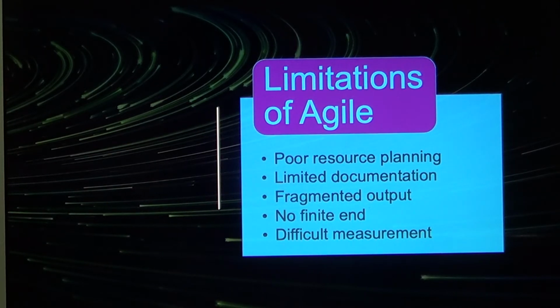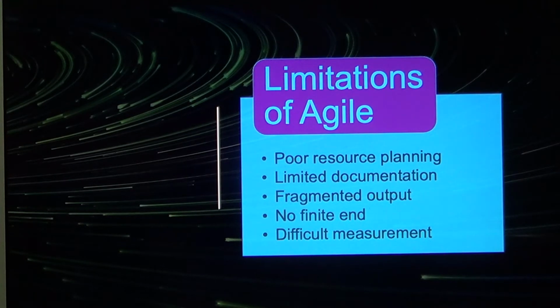And this challenge becomes more noticeable as the project gets bigger and more complex. The other limitation is limited documentation. In Agile, documentation happens throughout a project and often just in time for building the output, not at the beginning. As a result, it becomes less detailed.